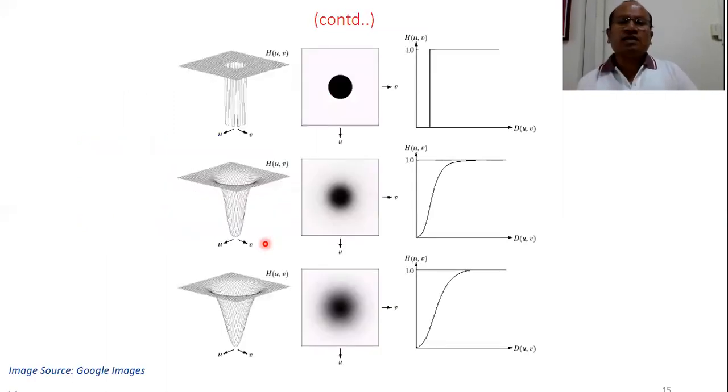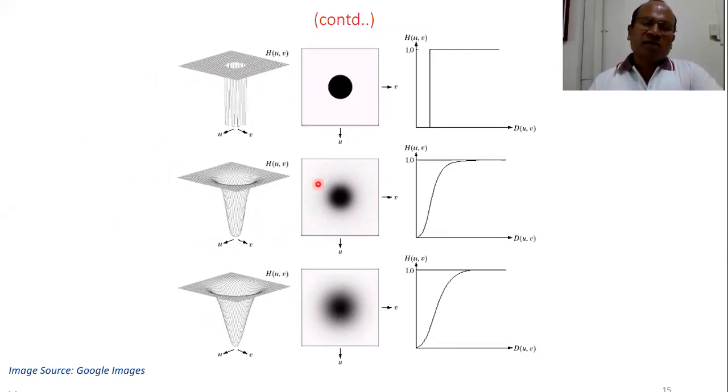See here the response of the high pass filter. If you remember, the response of the low pass filter was just the reverse of this. The first one is the response of ideal HPF, the second is the response of Butterworth HPF, and the third is the response of Gaussian HPF.